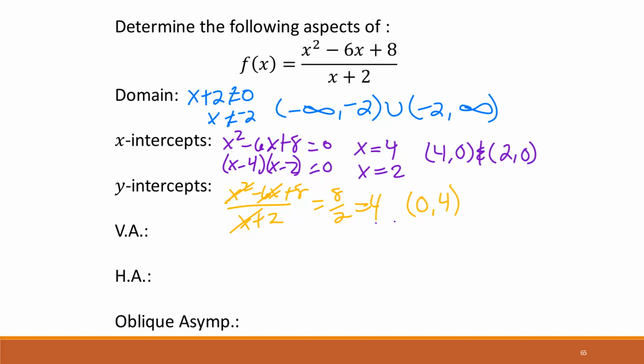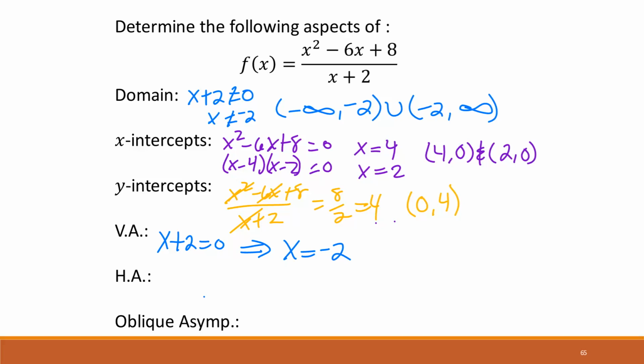Our vertical asymptote comes from that denominator, x plus 2 equals 0. So x equals negative 2 is where we have a vertical asymptote.